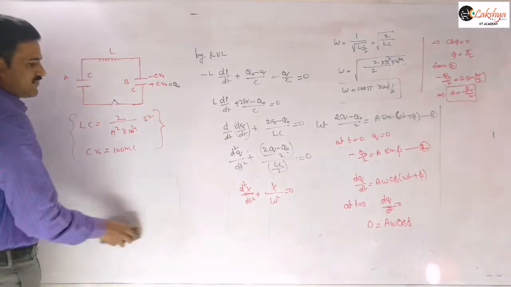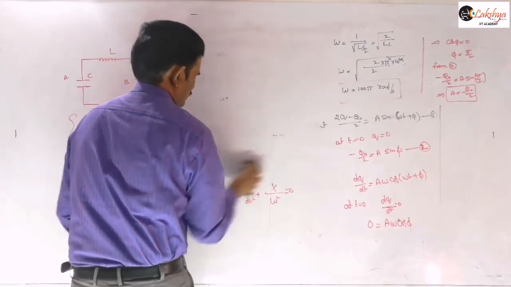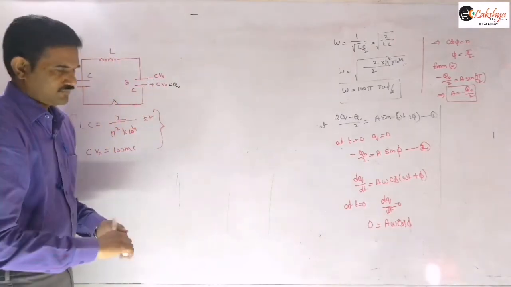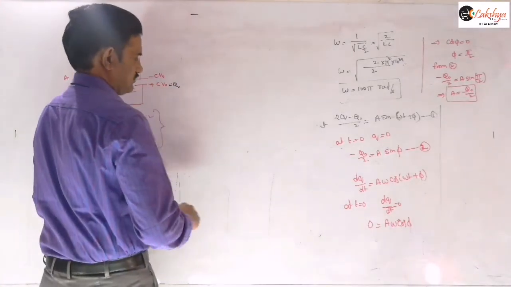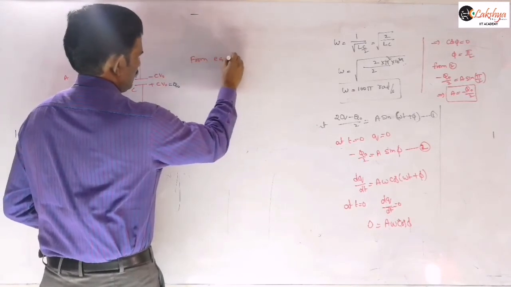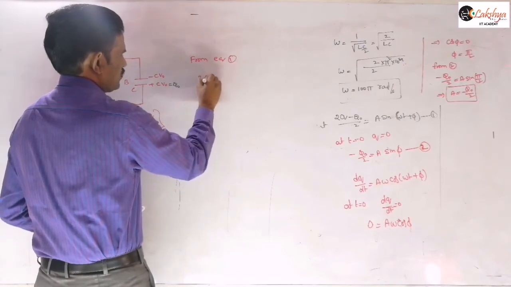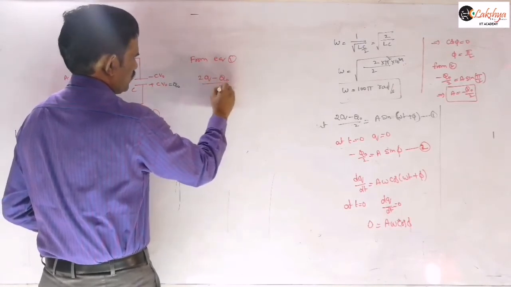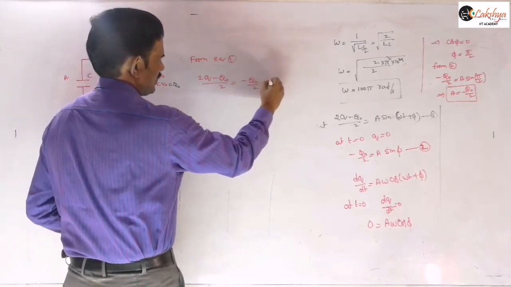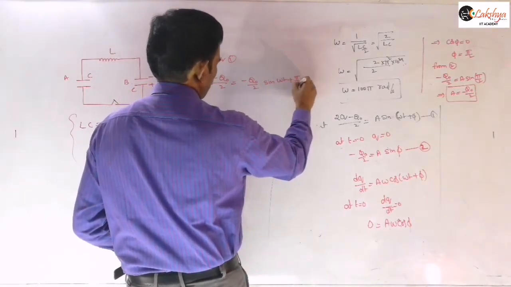So from equation 1, let us substitute those values there. 2q minus q naught by 2 is equal to minus q naught by 2 into sine of omega t plus pi by 2.